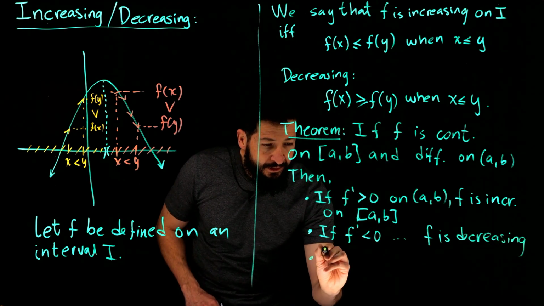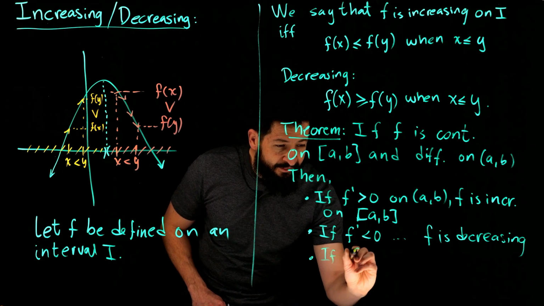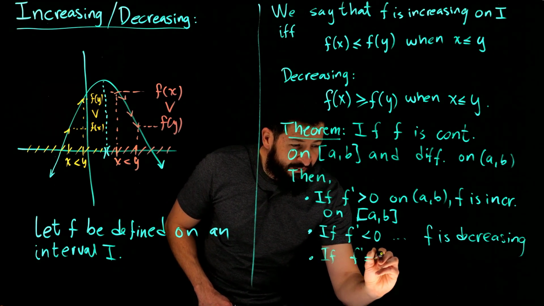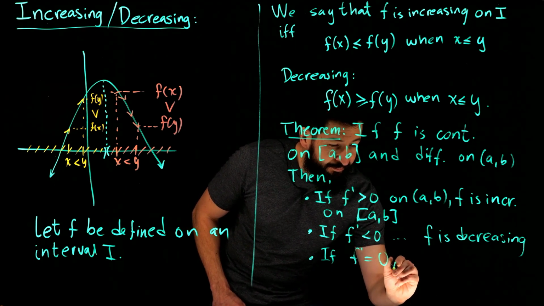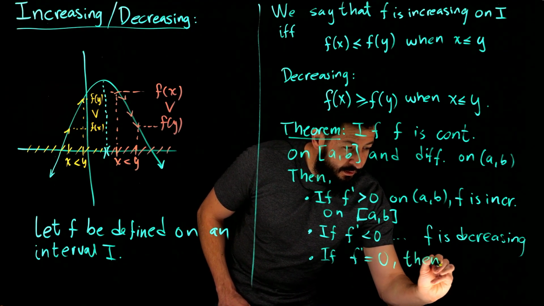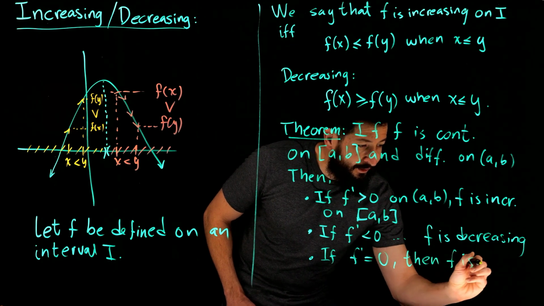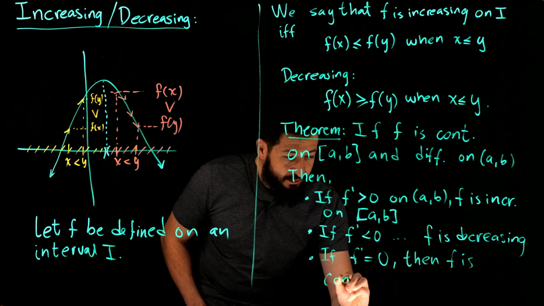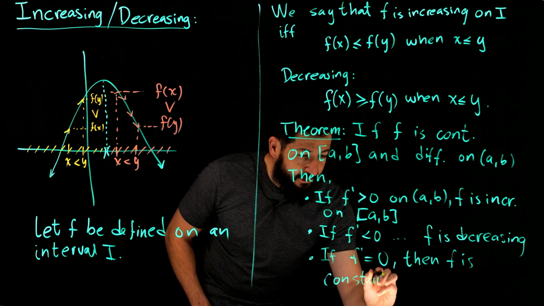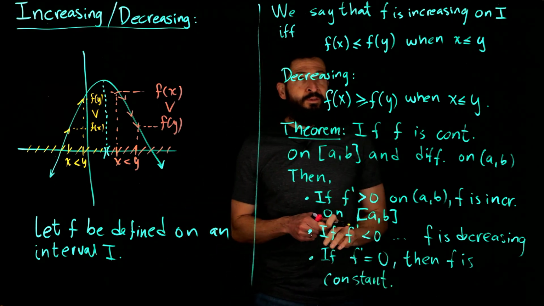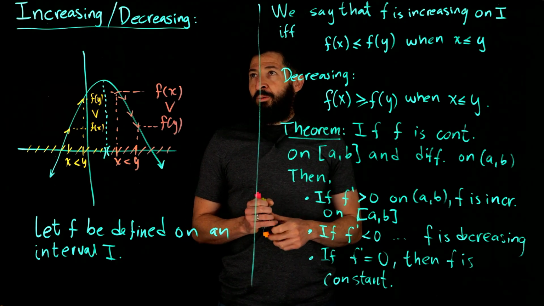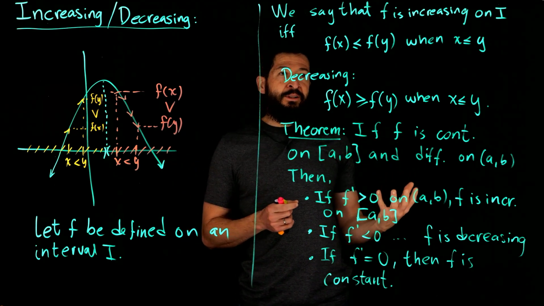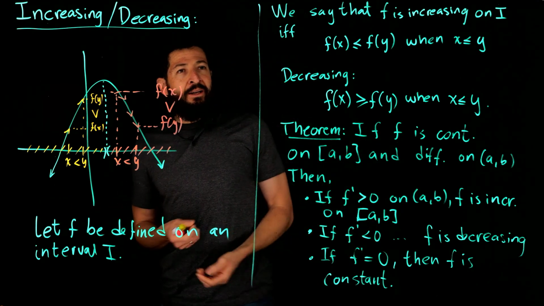And if the derivative happens to be identically 0 on the whole open interval, then f is constant. So using this bit of information, we will be able to find intervals where the function is increasing and decreasing. But why do we care about that?